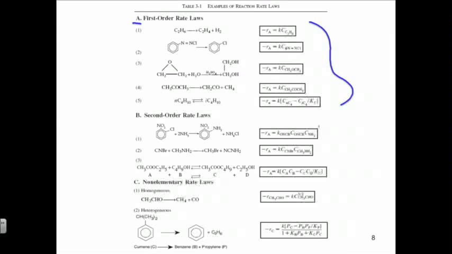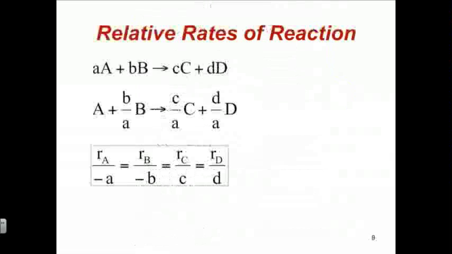Another important concept we'd like to talk about when speaking about rate laws is how to relate the rate of disappearance of A and B to the rate of formation of C and D. If we have the reaction aA plus bB goes to cC plus dD, and the stoichiometric coefficients are the lowercase letters corresponding to the species, we can look at the relative rates of reaction with a two-step process.